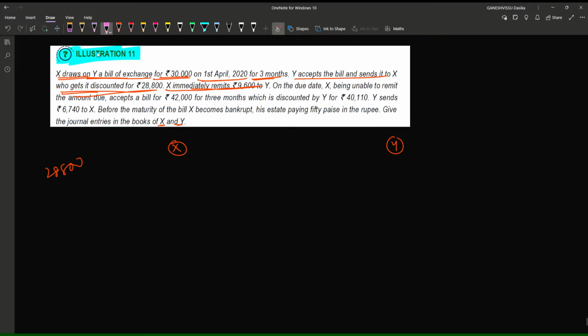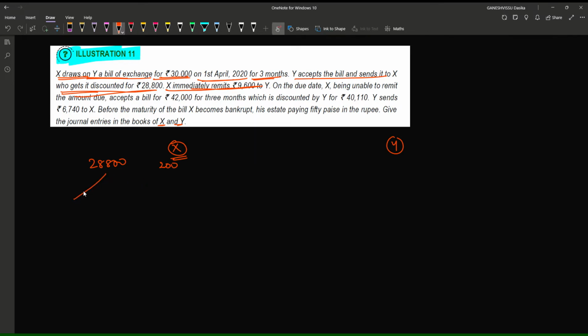Now let us calculate. No, we shall go for some understanding. So 28,800, out of which 3 times, if we do a third, 9,600 is the amount which we have sent to Y. Let us see the amount left. We need to go for calculating the ratio. 28,800 is the total amount which has been received by X, and what we can say is 1,200 rupees discount is there.